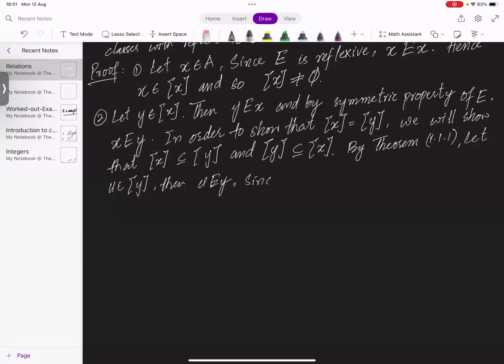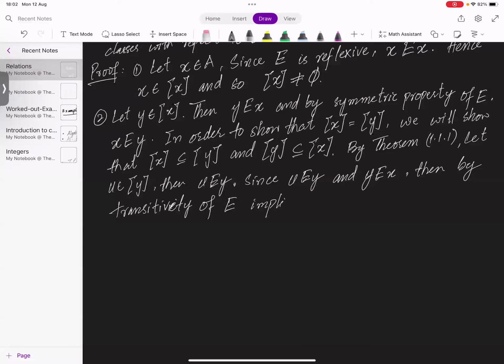Since u is E related to y and y is E related to x, then by transitivity of E, u is E related to x.